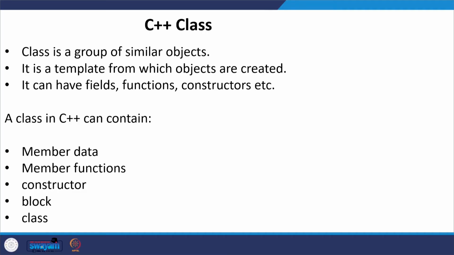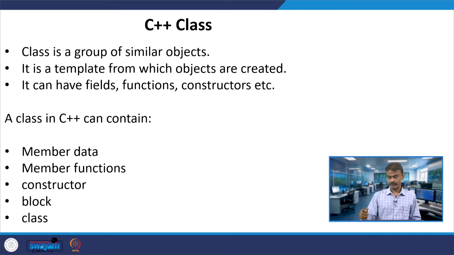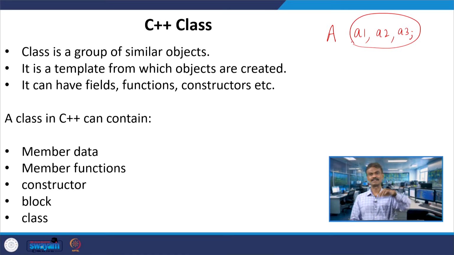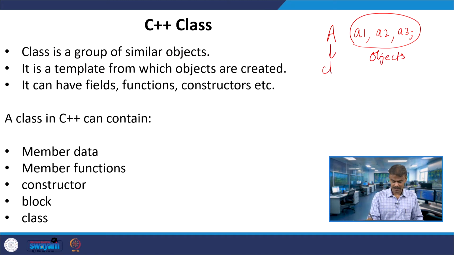A class is a group of similar objects. When I write class A, I will use the same class for A1, A2, A3, which are all objects. They are a group of similar objects, three objects that are all similar. For example, in the previous case we saw fruits as objects, and here you have a class.